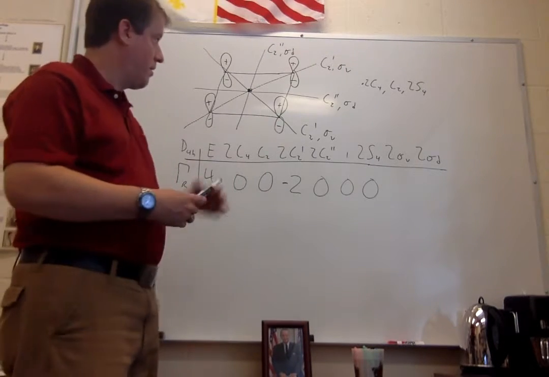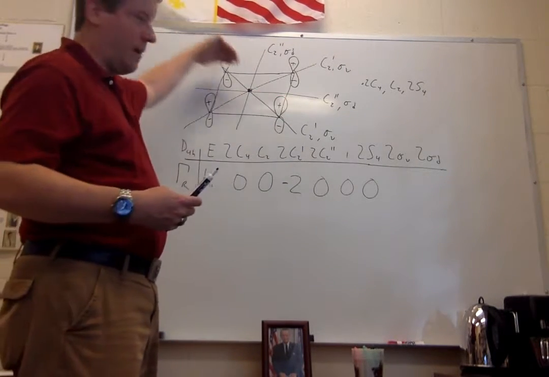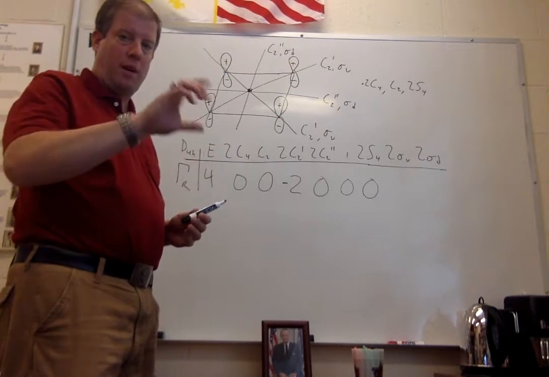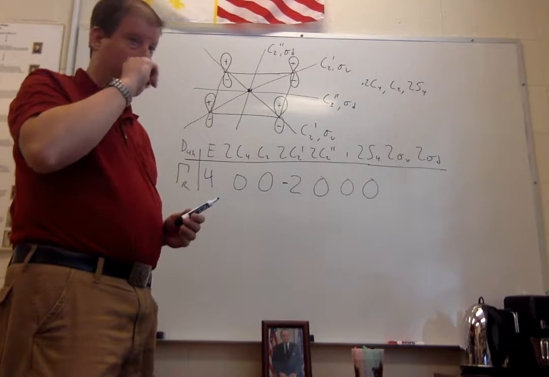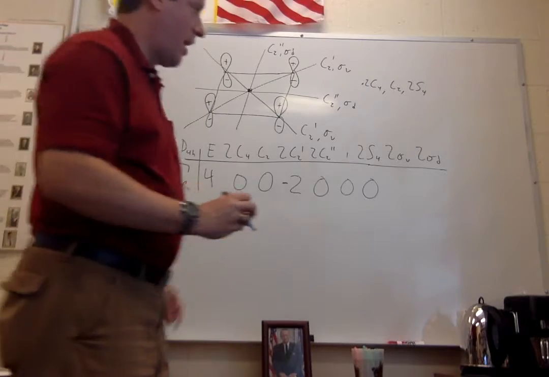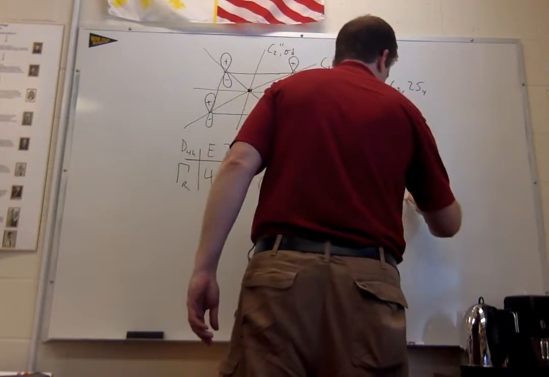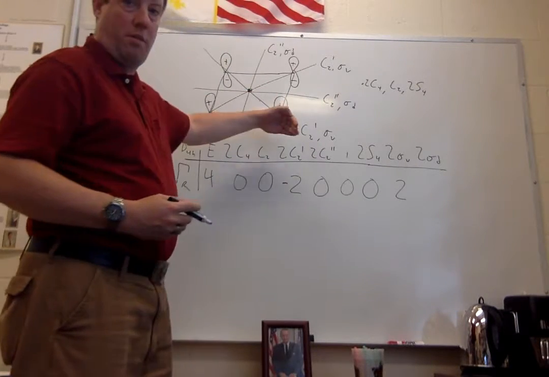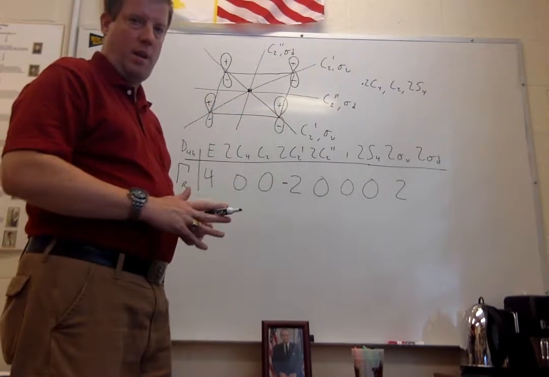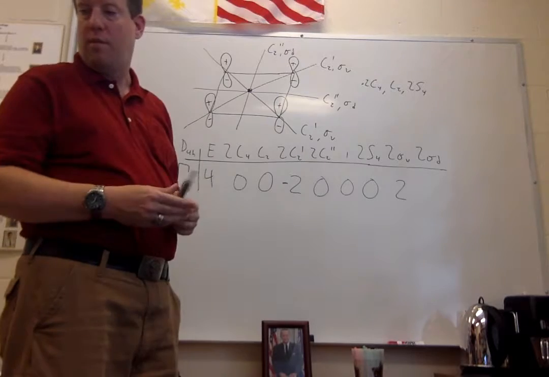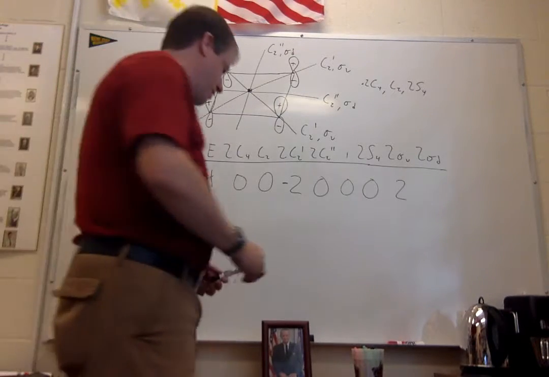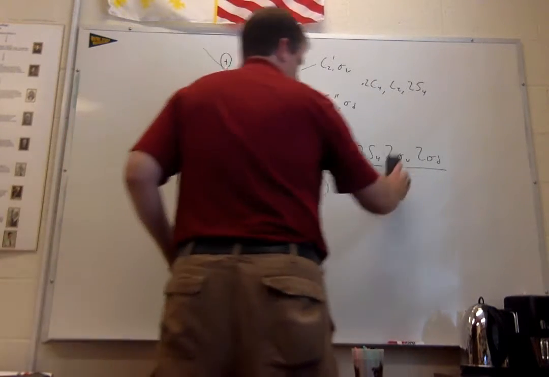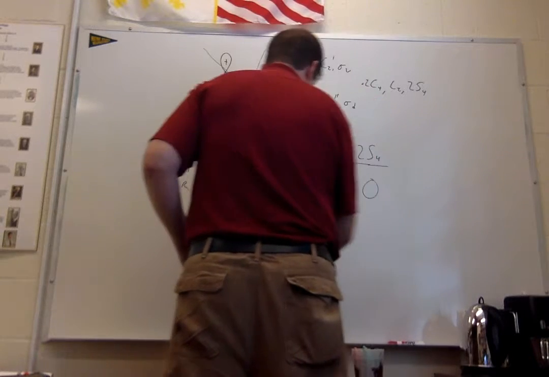But in this case, because the vertical mirror planes are containing these orbitals, they don't reflect one lobe to the other. The lobes remain the same too. And so this is a +2. Because the vertical mirror plane contains those orbitals, it leaves that as a +2. I left the symmetry element out here, so let's get that in there first.